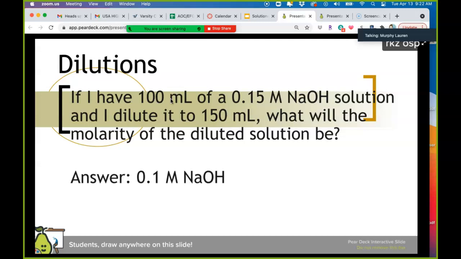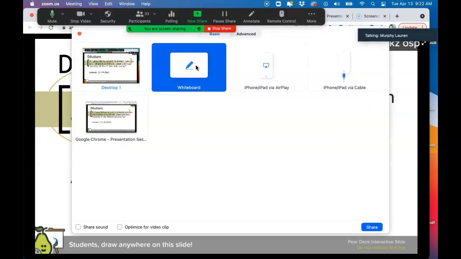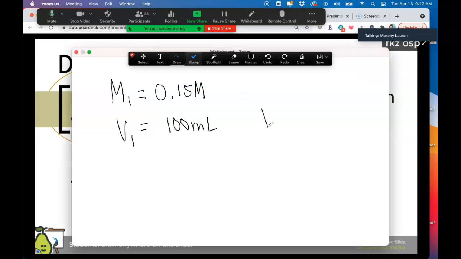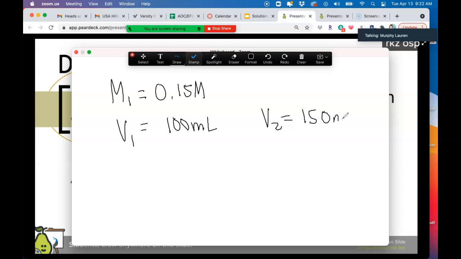What they've done is they've taken 100 of this and they've added 50 more milliliters to get it up to 150. 150 is your final volume. So the wording is really important. So V2 is 150 because it says the words diluted to. That means final volume.